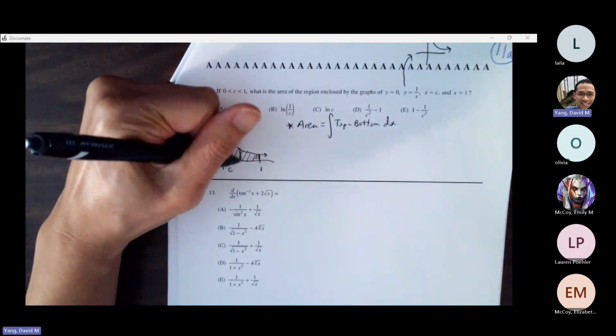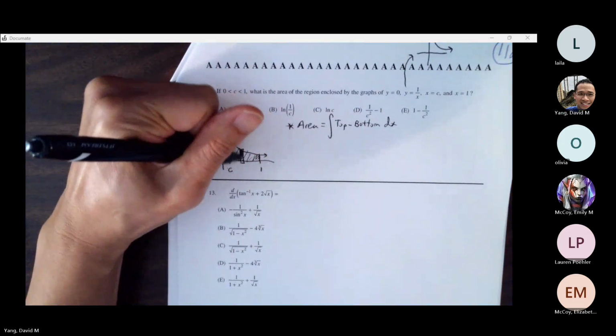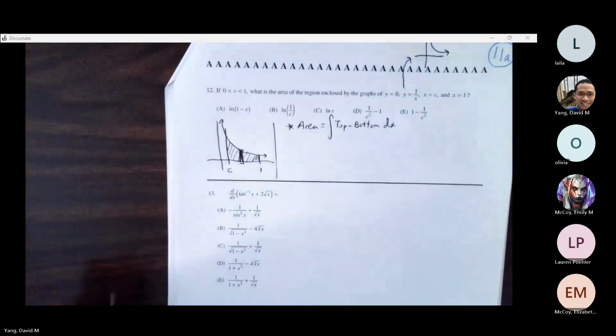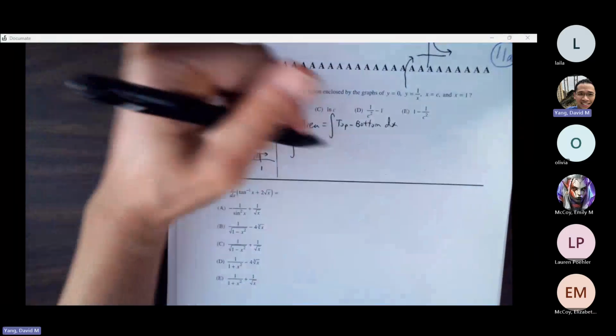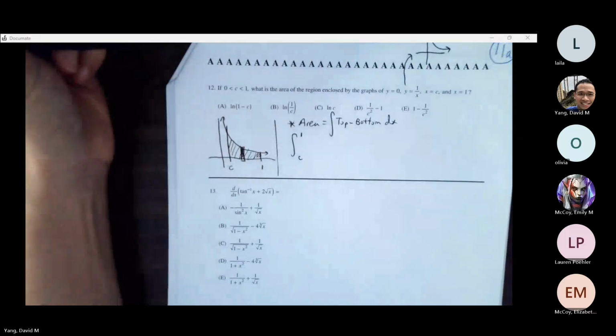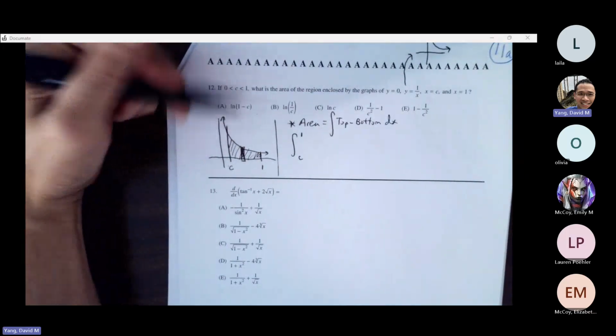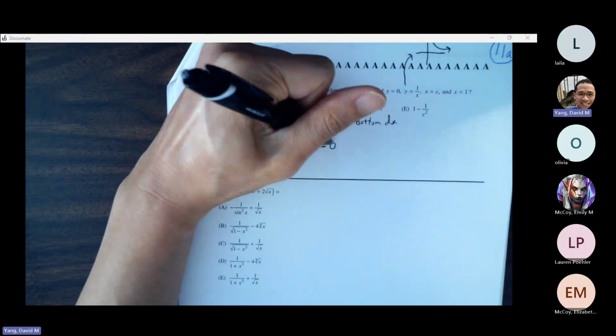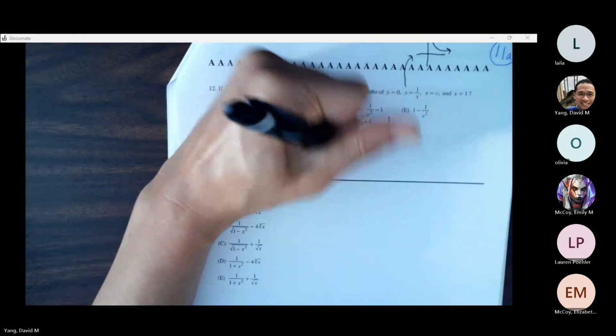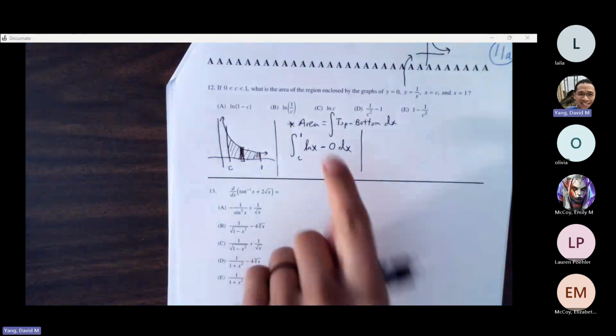So let me draw a representative rectangle. My bounds are from c to 1. Top function is the natural log of x. Bottom function is the 0. The 0 can just drop out.